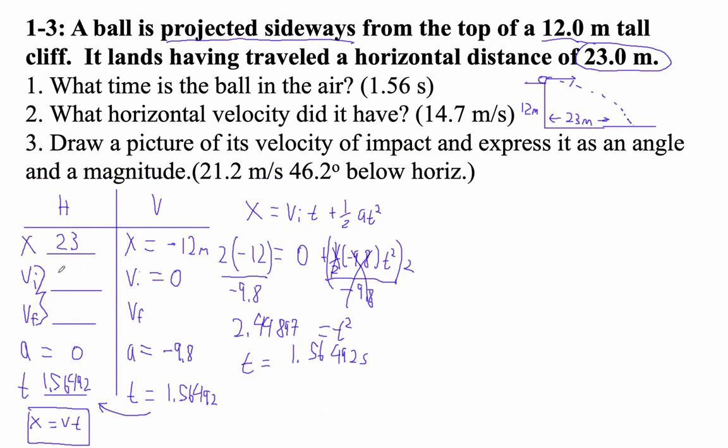And then there's a number of things we need to figure out. Let's figure out this velocity here. This velocity here is just simply going to be the distance divided by the time. So v is just x over t, and that's going to be 23 divided by 1.56492.